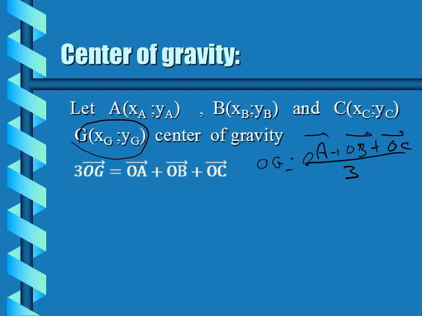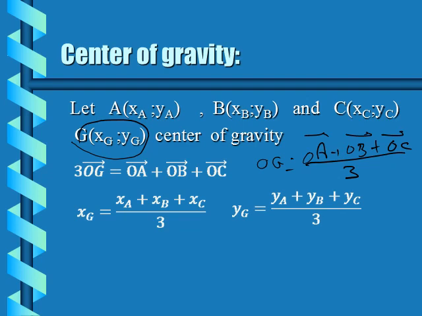Now xG is equal to (xA plus xB plus xC) over 3, while yG equals (yA plus yB plus yC) over 3.